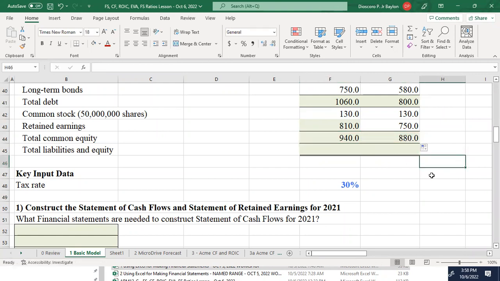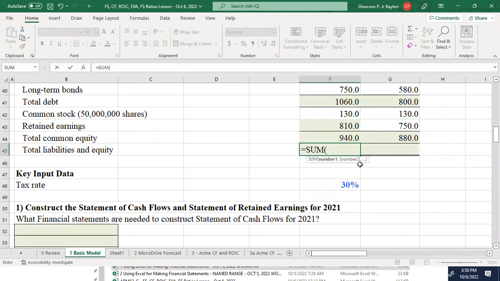All right, and then we can now add the total liabilities and equity. So let's sum up your total liabilities, which is total debt, and then your total common equity. Right.